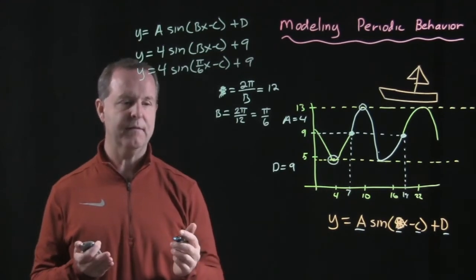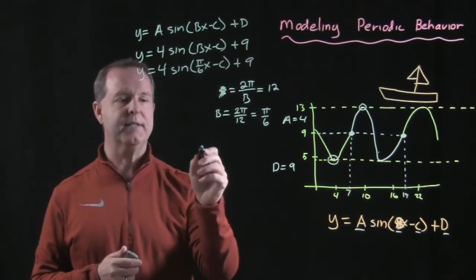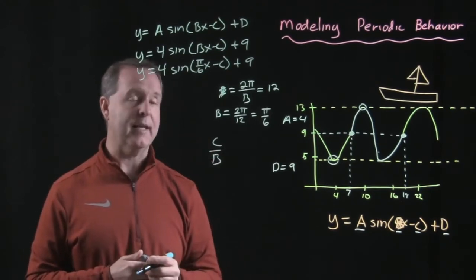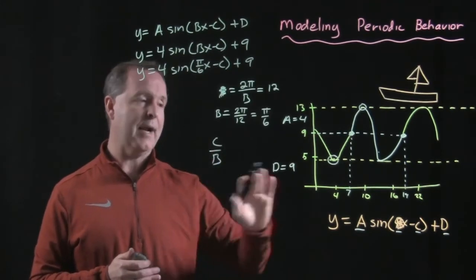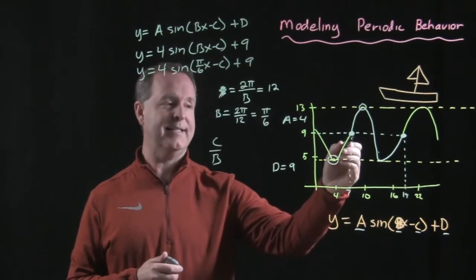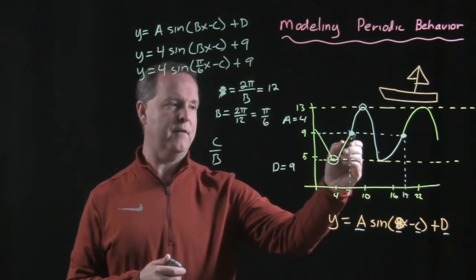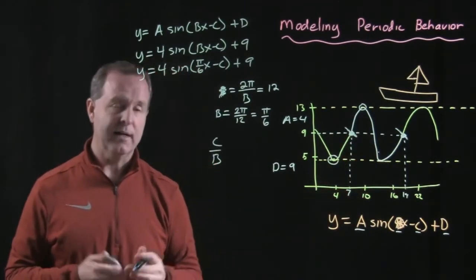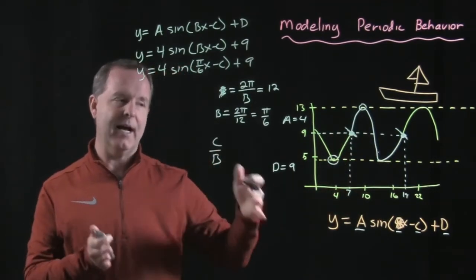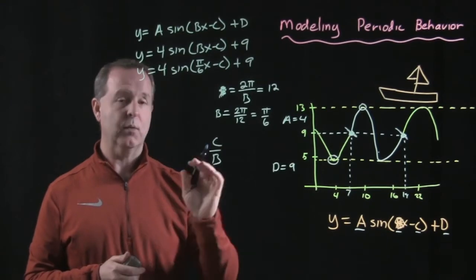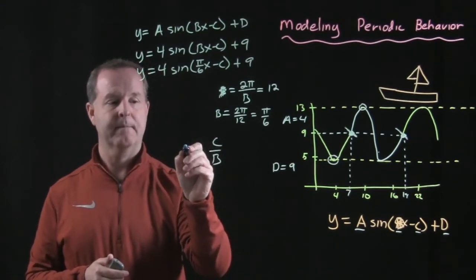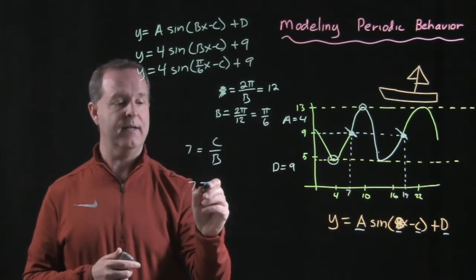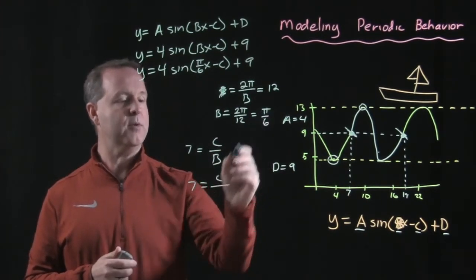Now remember phase shift? That was our ratio of c over b. In this particular case, our phase shift moves the graph over and it starts at 7, because that's where the sine function, all in between there that I have in blue, represents one complete sine movement. So it starts at 7. I already know what b is, so that'd be 7 equals c divided by b, which was pi over 6.